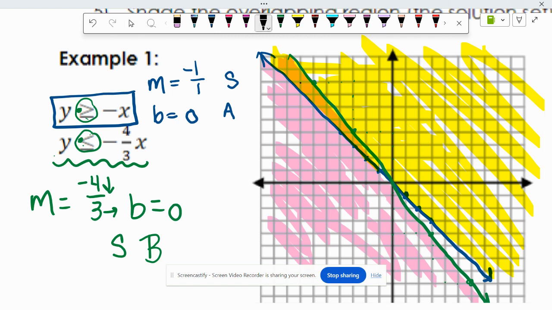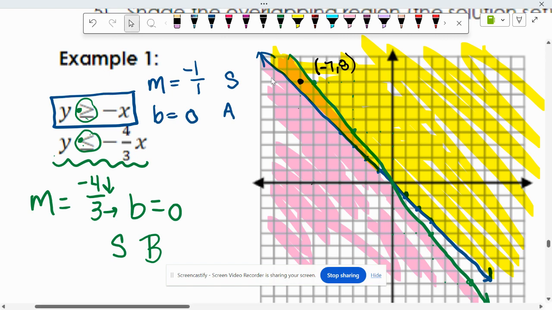So if I were to select this point right here, this is the ordered pair, -7, up 8. So if I chose the point -7, 8, it would make both of these true.